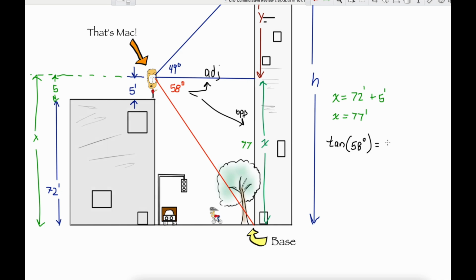So tangent of 58 equals the opposite leg, 77, over the adjacent leg. Let's call this z. And we can multiply z to both sides and then divide by tangent of 58 to get z by itself.